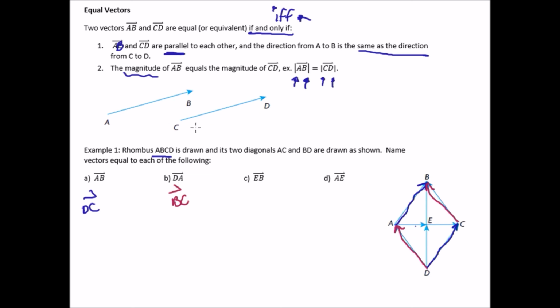Okay, same length or same magnitude, same direction. EB, which is going up, and we can say DE. Okay, same magnitude, same direction. And then AE is going to the right, so we can say EC, which is also going to the right.